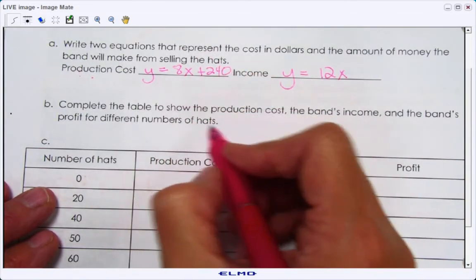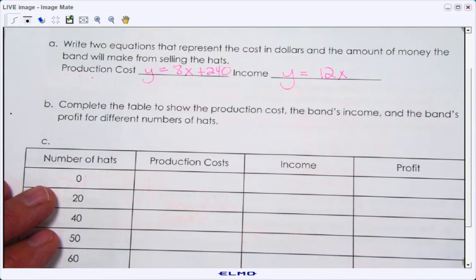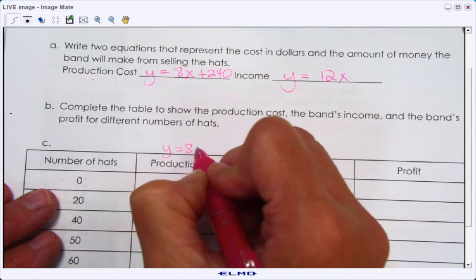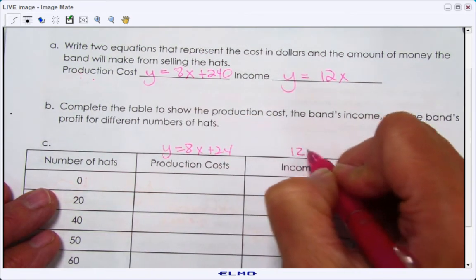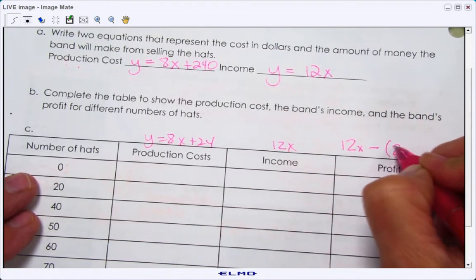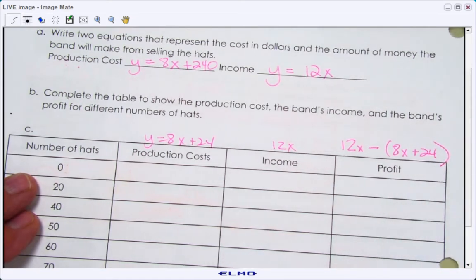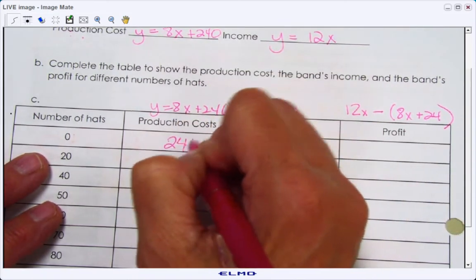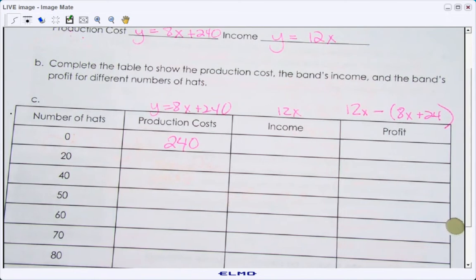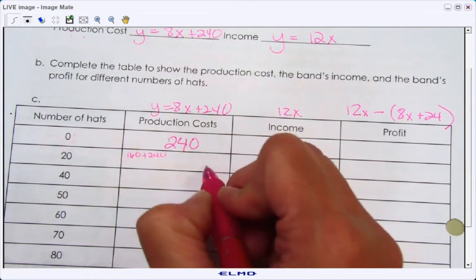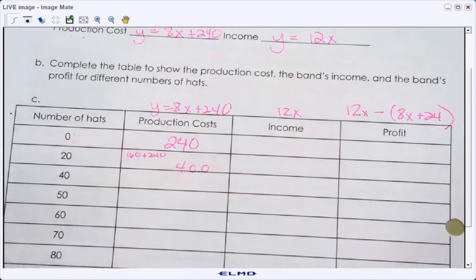So we're going to complete this table. So here we go. This is y equals 8x plus 240. This is 12x. And then we're going to take the 12x and we're going to subtract the 8x plus 240. Okay, so if I plugged in 0, that's 240. So if I plugged in 20, the 8 times 20 is 160 plus 240, 400.